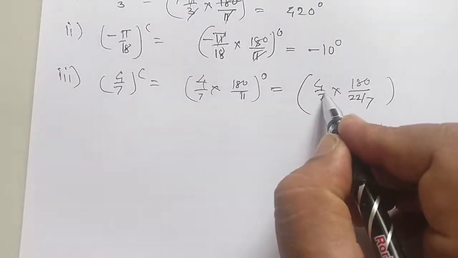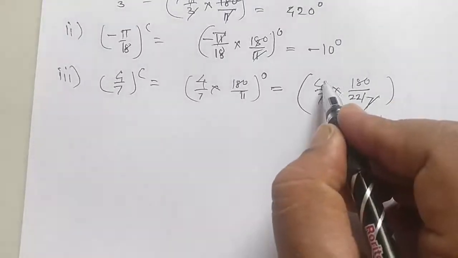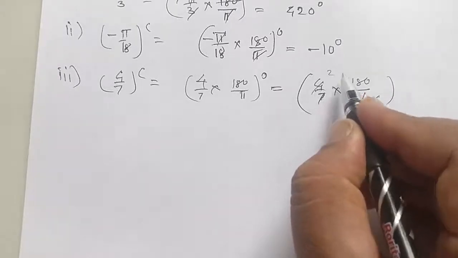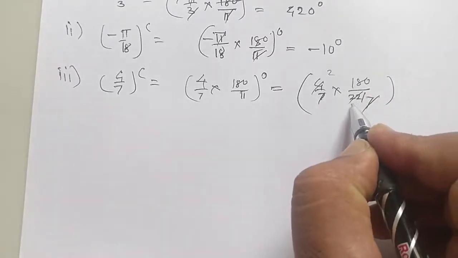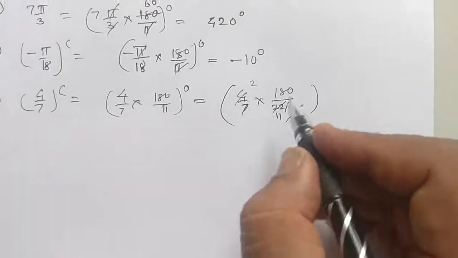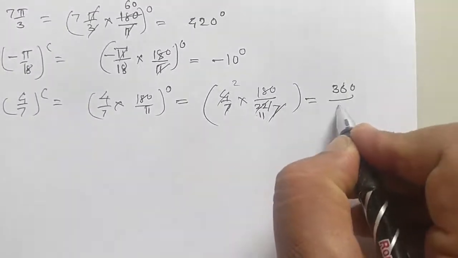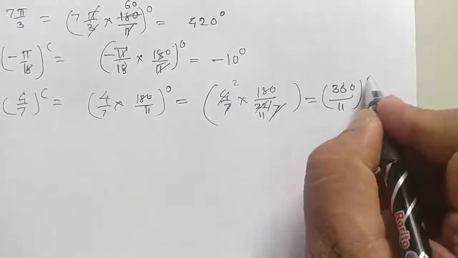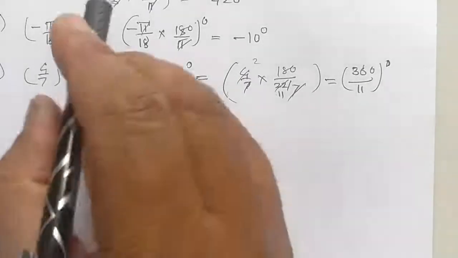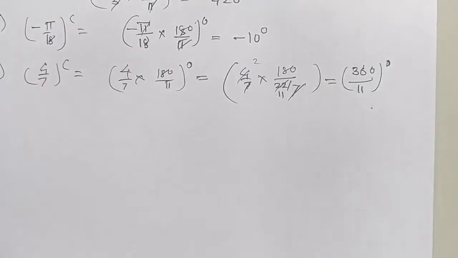So 7 gets cancelled with 7. Here 2 divided into 22 gives 11. So this is equal to 360 divided by 11 degree. So these are converted into degree.